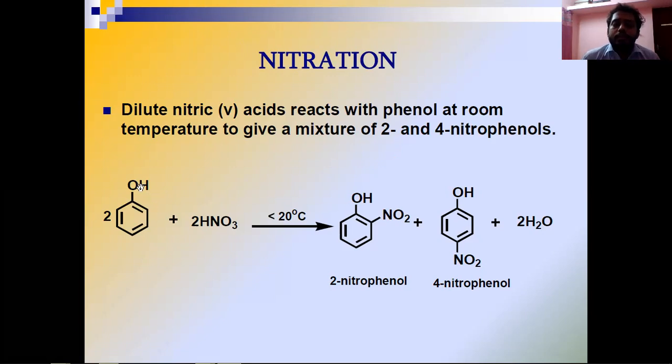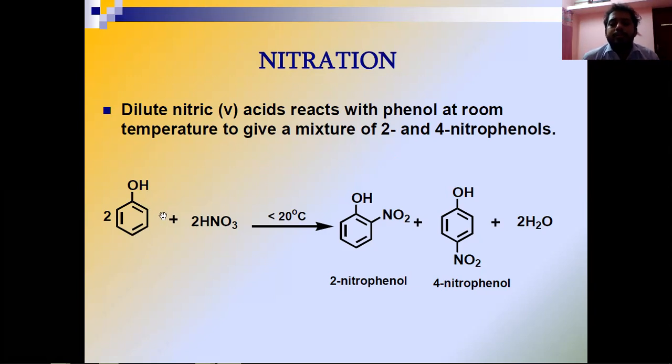So the chemistry behind that reaction is phenol reacts with 2 moles of nitric acid at low temperatures. We normally do it in ice cold conditions, where the NO2 plus electrophile will be generated, and this NO2 plus, an electrophile, gets attached to the ortho and para positions.